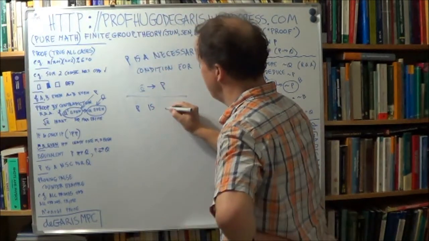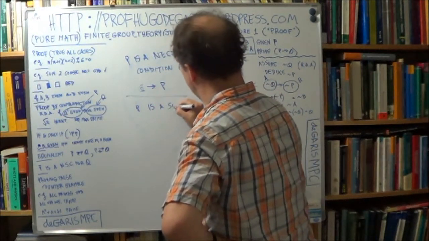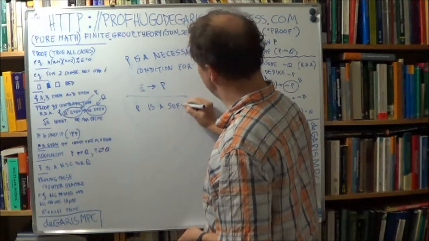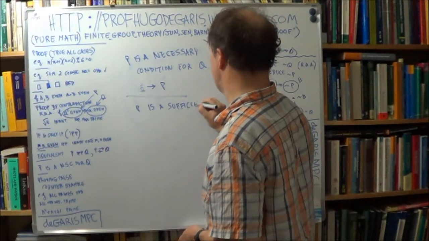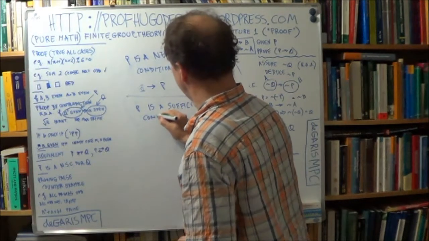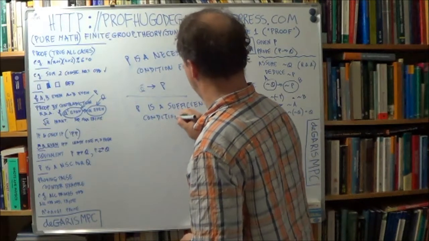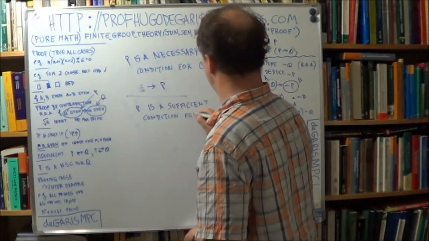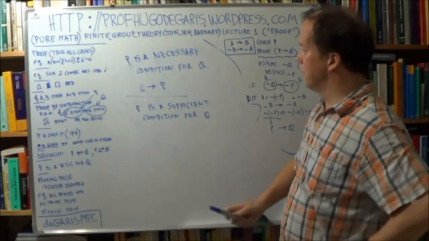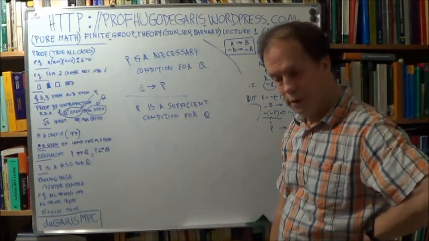The other: P is a sufficient condition, like as in enough, for Q. So what would be a good example?